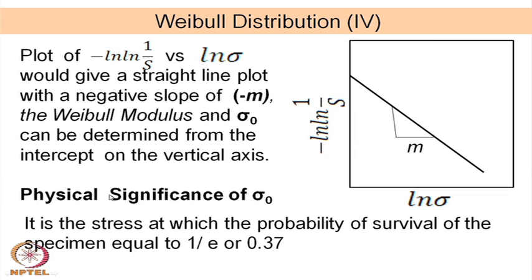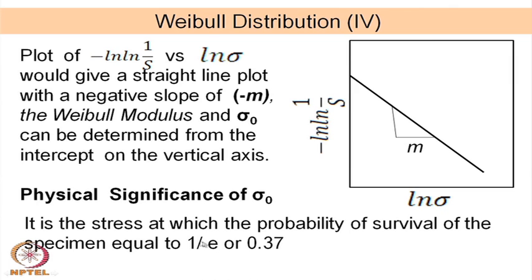Now, the physical significance of sigma 0 is that it is the stress at which the probability of survival of the specimen is equal to 1 by e, or 0.37. So, sigma 0 is actually a constant with respect to that particular experiment.